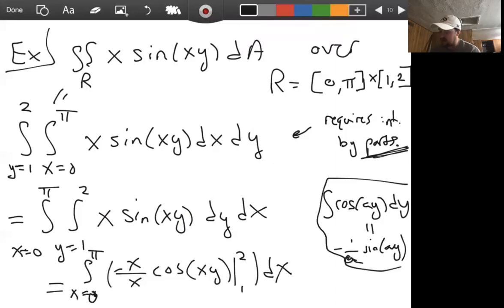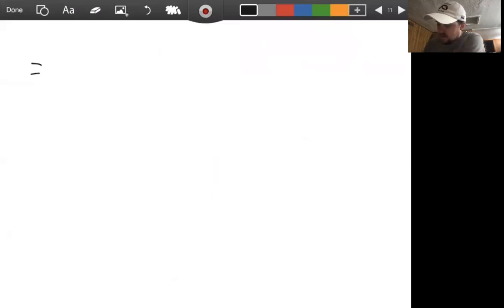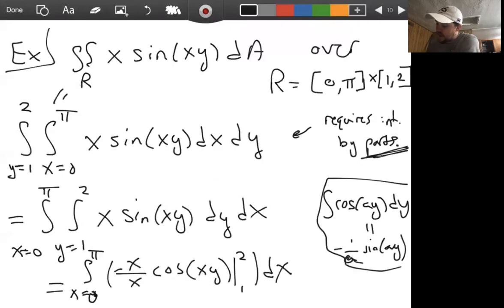And then dx. So let's clean this up a little bit here. This is the integral from x equals 0 to pi. Notice now I have this negative x over x cancels, which is what made the switch worth it, right? This is what made me not have to do integration by parts when I'm integrating with respect to x. So it's nice to remember Fubini's theorem and say, if you come across a double integral that's tricky, okay, should I switch this to make it easier?